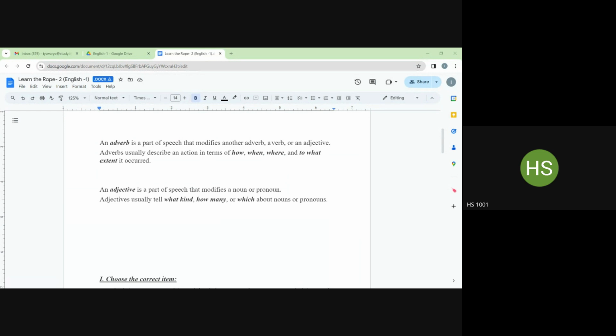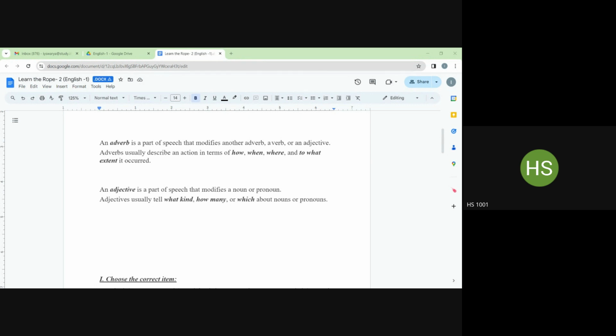Anything that adds new information, or gives additional information about a different part of speech, is called a modifier. Both adjectives and adverbs act as modifiers. The difference is that an adjective can only modify anything that is nominal in nature, that is, something noun-like.